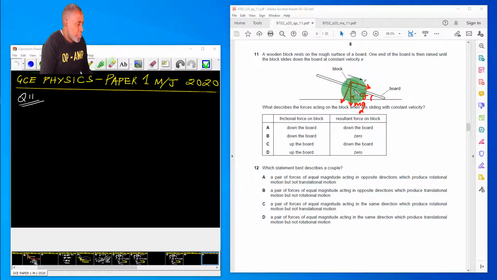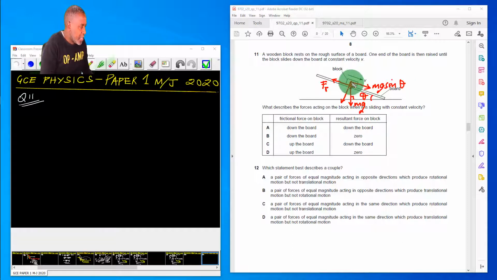And because we are told that this board is rough, there will be a frictional force acting on this block. This force acts along the contact surface like that, and it will act in the opposite direction, and we call it frictional force. And this is mg sin theta. Don't forget that. It is the component of the weight down the incline.